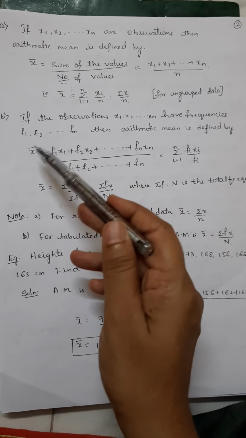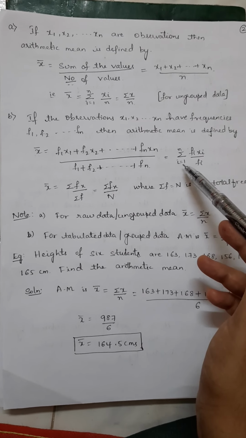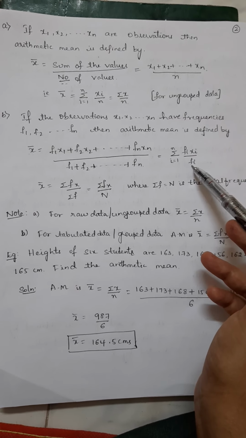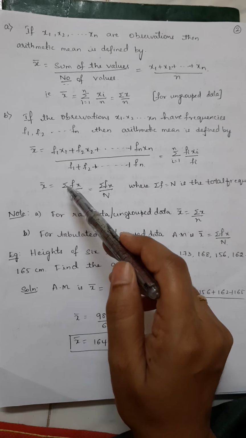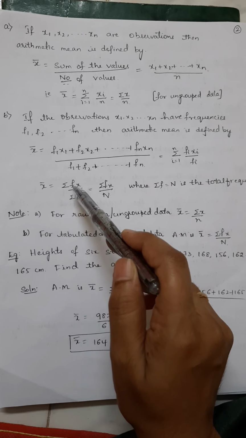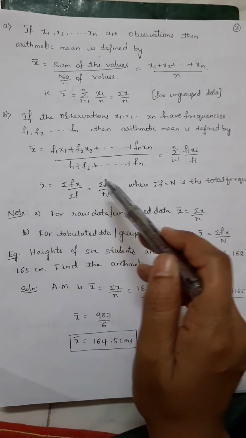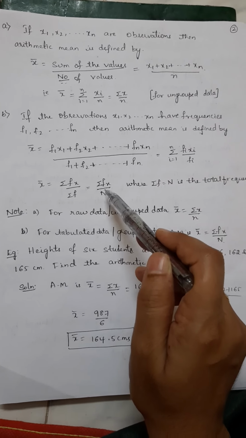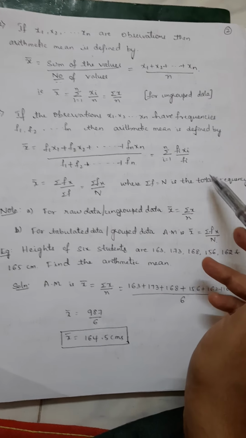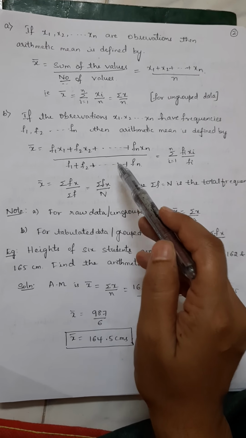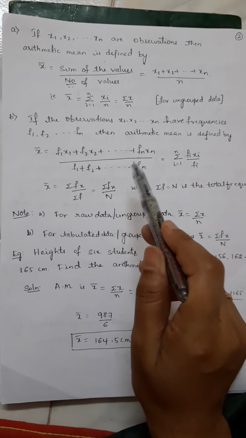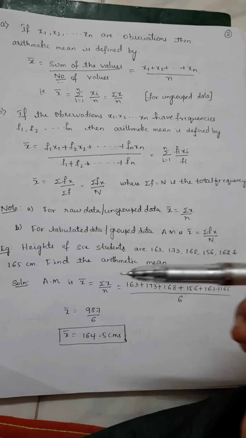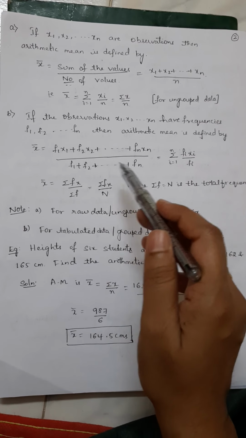In summation form, this is summation i equals 1 to n of fi into xi divided by summation fi, or in general x bar equals summation fx divided by summation f, which can be written as capital N. Capital N is nothing but the total frequency. This formula holds good for grouped data. Grouped data is the organized data, or the data which is sorted into various groups.